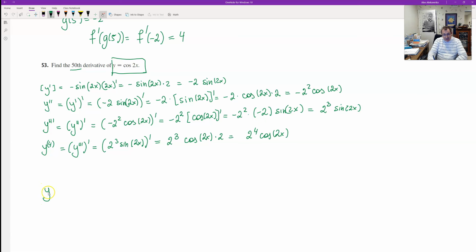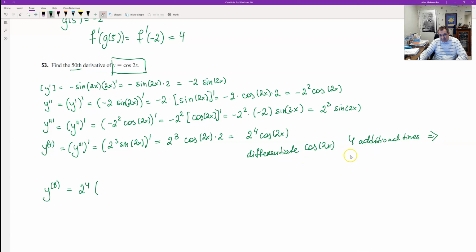So the claim is that when we get to the 8th derivative, we're going to have 2 to the 4, that factor, and when we differentiate cosine of 2x 4 additional times, we're going to get 2 to the 4 of cosine of 2x. So it would be something like this.